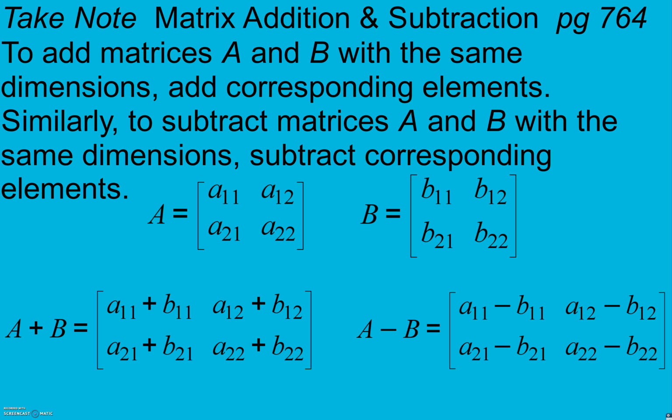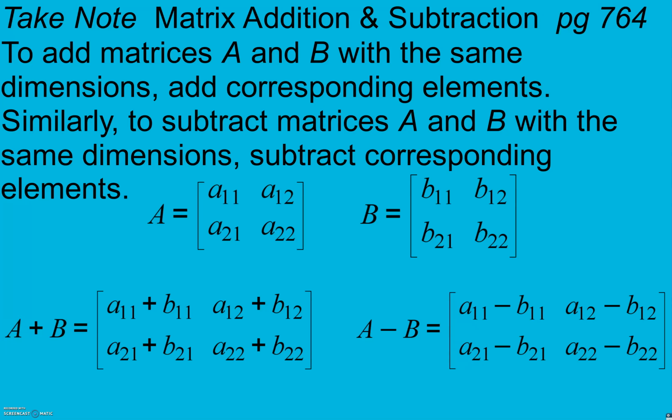Take note here, addition and subtraction property of matrices, page 764. To add matrices A and B with the same dimensions, add corresponding elements. Same thing here, to subtract matrices A and B with the same dimensions, subtract corresponding elements.